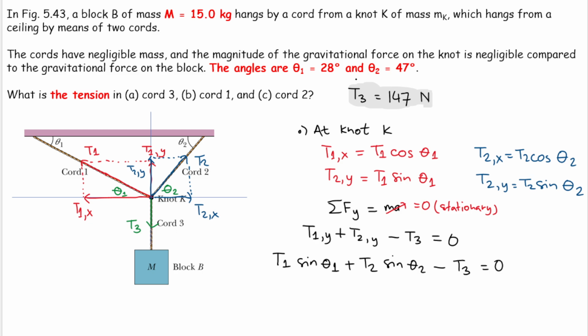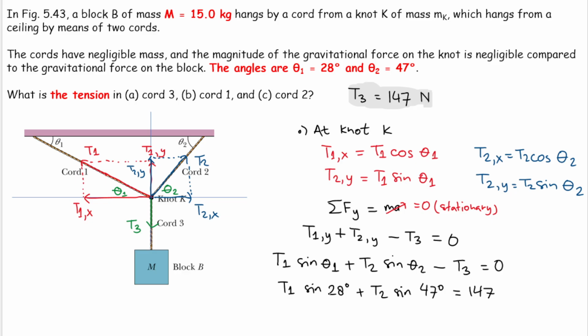What is theta 1? 28 degrees. So I'll have T1 sine 28 degrees, and then plus T2 sine, what is theta 2? Theta 2 is 47 degrees. Let's move T3 to the right hand side, so that will equal T3. T3 is 147 Newton.